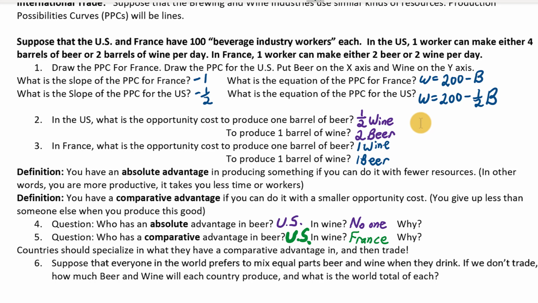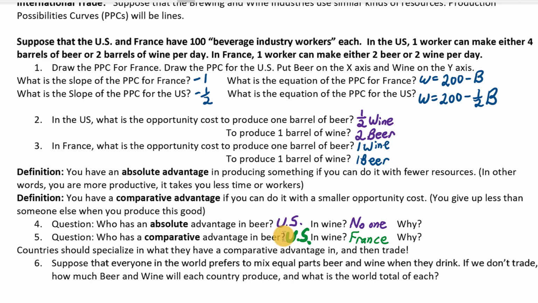Now, in these examples, where there are only 2 countries and 2 goods, if the United States has a comparative advantage in, say, beer, then France will have a comparative advantage in the other good. If there are only 2 goods, and if somebody has a comparative advantage in one thing, the other country will have a comparative advantage in the other.